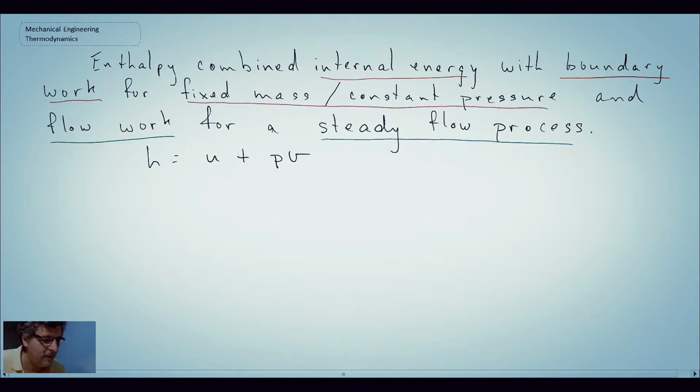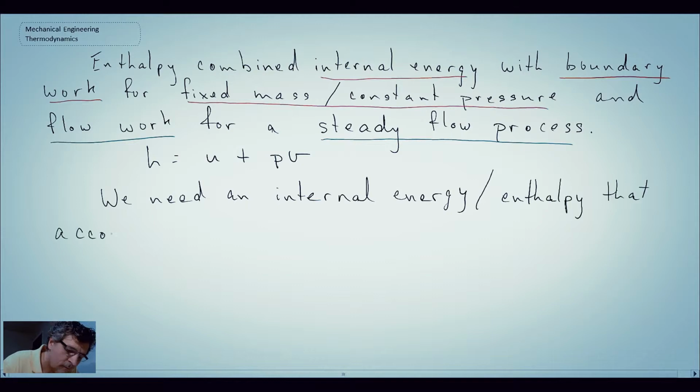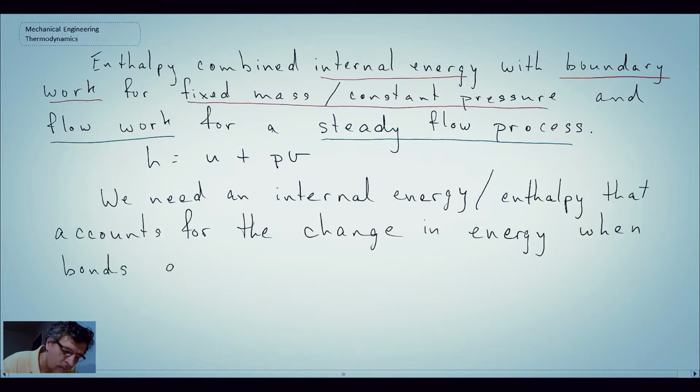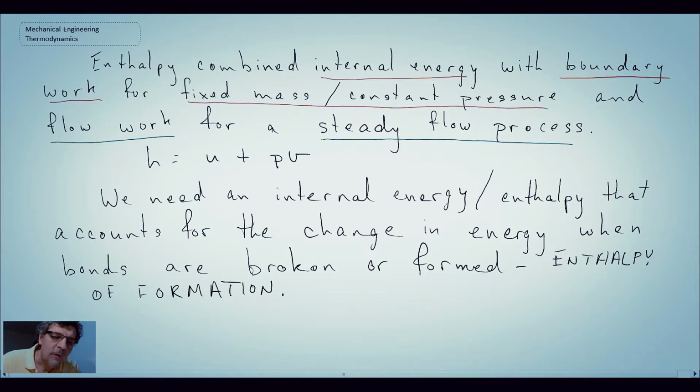And we need to be able to account for this when we're dealing with chemical reactions, such as what we would have within a system undergoing oxidation or combustion reactions. So what we need is a form of internal energy or enthalpy that accounts for the change of energy when bonds are broken and formed.